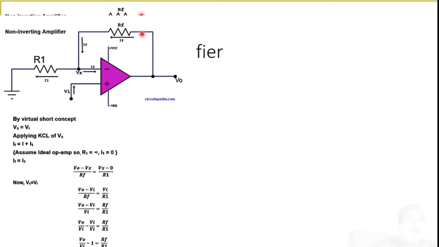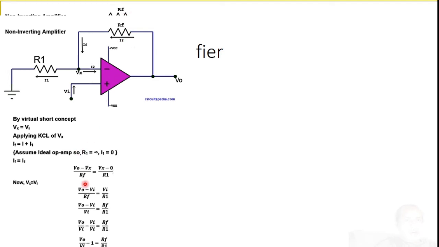Similarly, the potential difference across RF: here it is Vx, here it is V0, so V0 minus Vx upon RF. This is the current IF through RF.